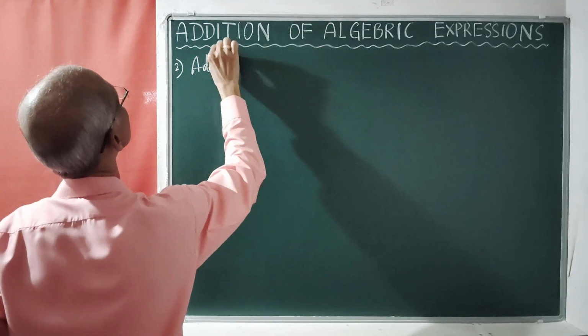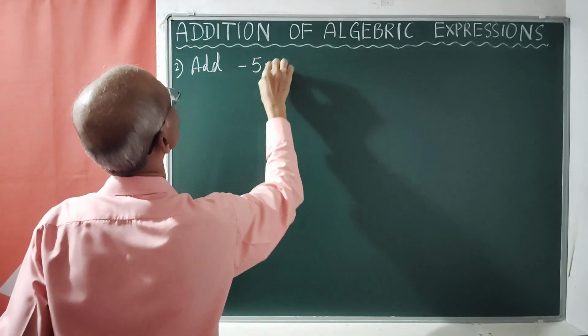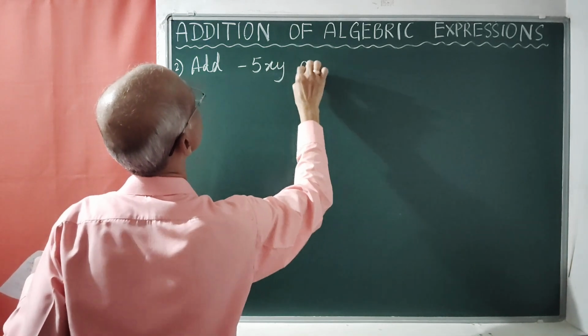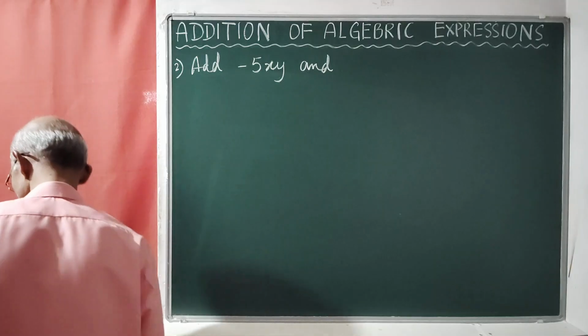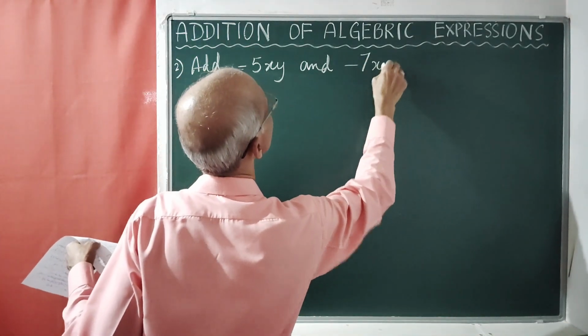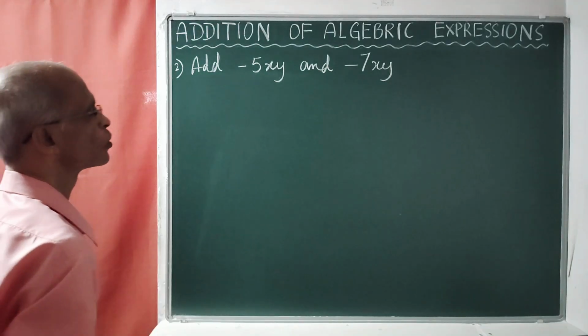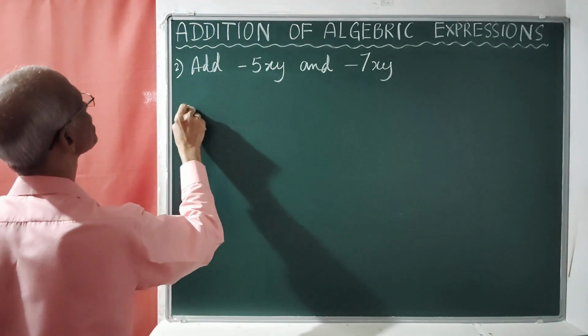Add minus 5xy and minus 7xy. In the column method, write them one below the other.